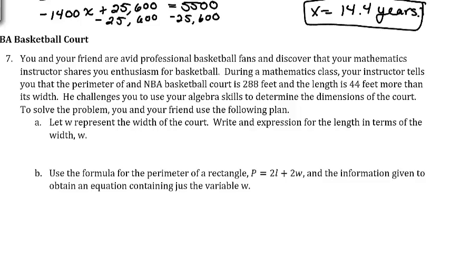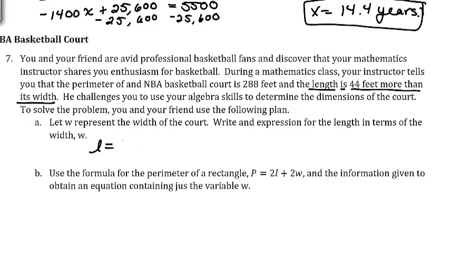To solve the problem, you and your friends use the following plan. You let W represent the width of the court, and then you write an expression for the length in terms of the width. Up here in our word problem, it says the length L is 44 feet more than its width.